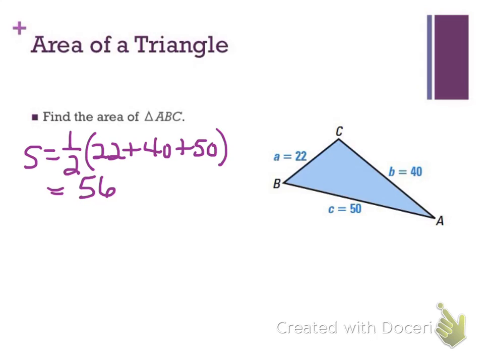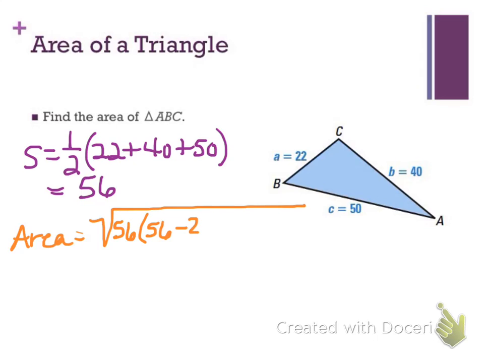Okay, so now to find the area, we're going to take the square root of that 56 times 56 minus side A, which was 22, times 56 minus side B, which was 40, and then times 56 minus side C, which was 50.